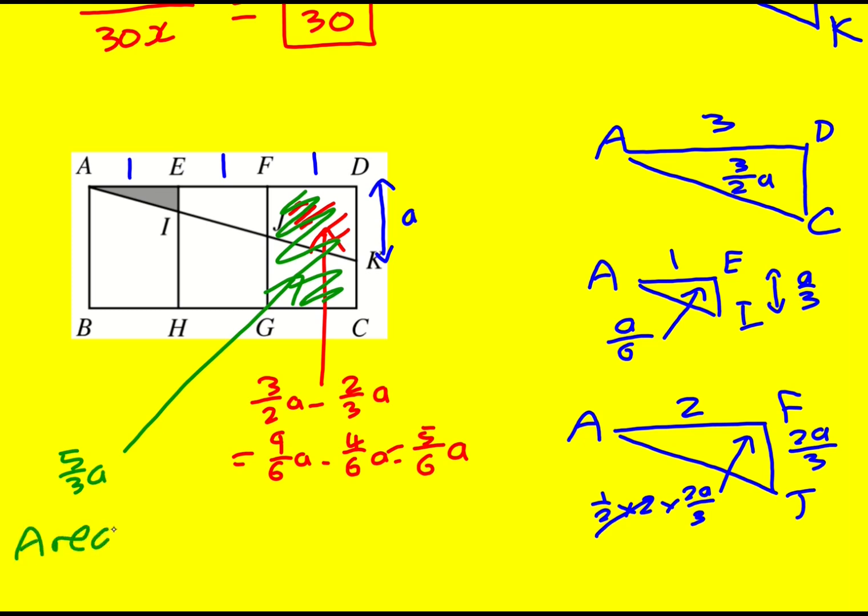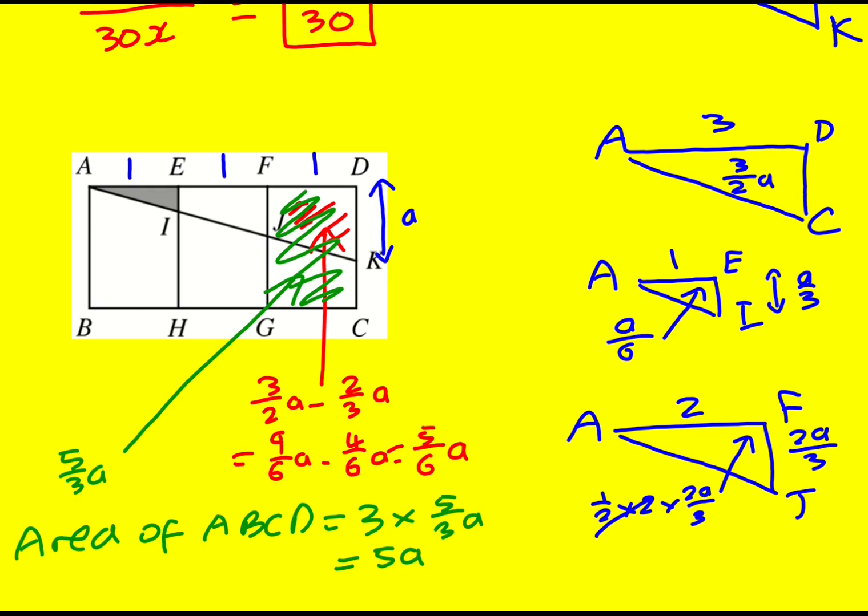And the area of ABCD will therefore equal 3 lots of that, because I've got 3 rectangles, 3 times 5/3 A, which is 5A.